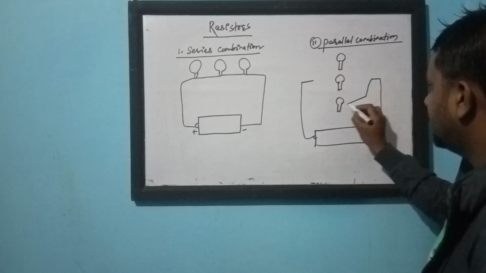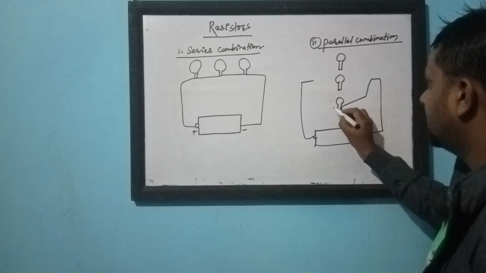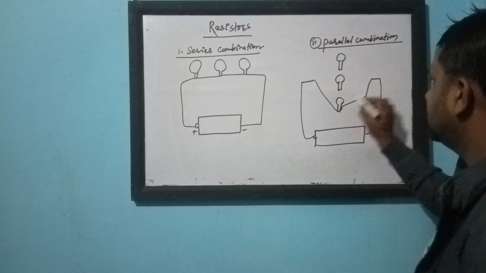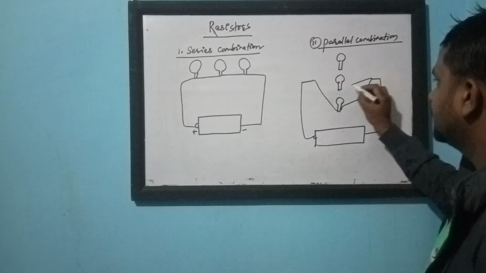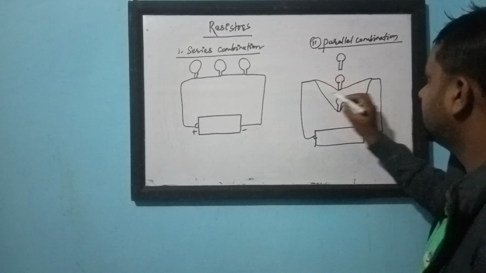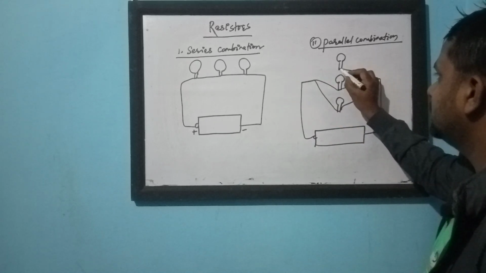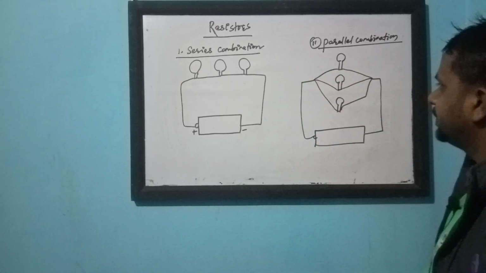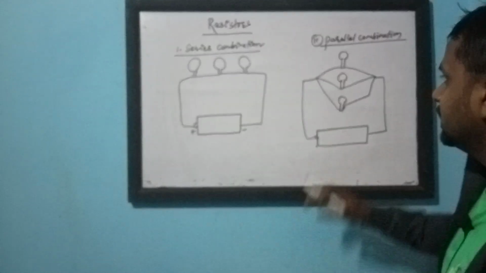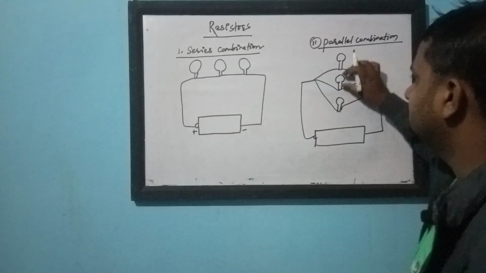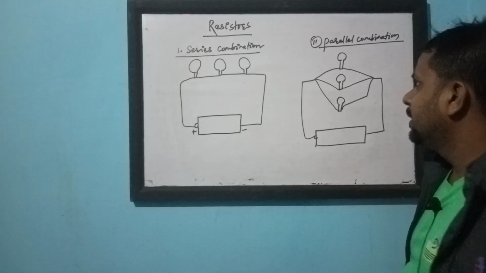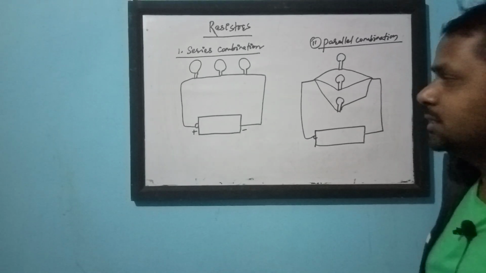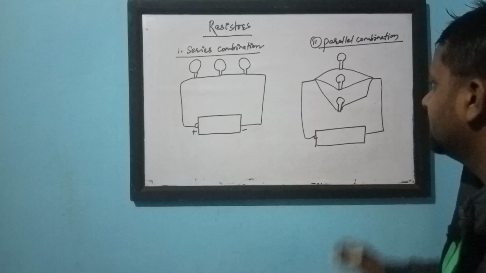We are connecting this like this. This is one path, this is another path, and this is another path. If we are connecting the resistors like this, it is called parallel combination of resistors.